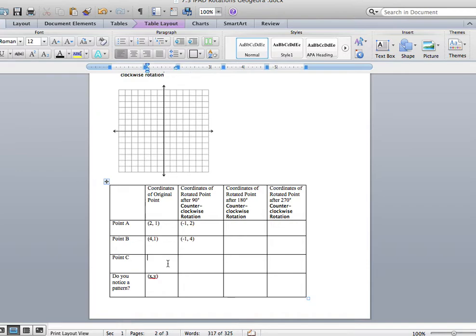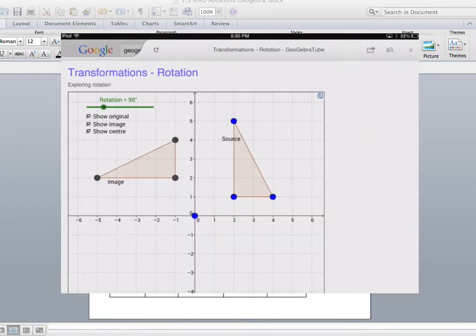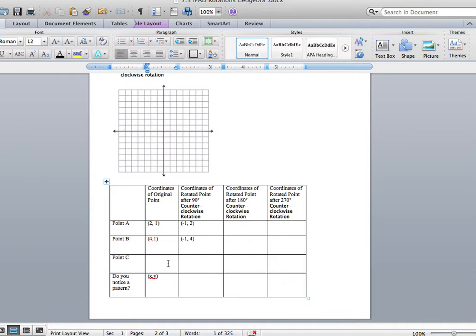Okay, and then point C is this last one here, and that is 2, 5. And this will become negative 5, 2.